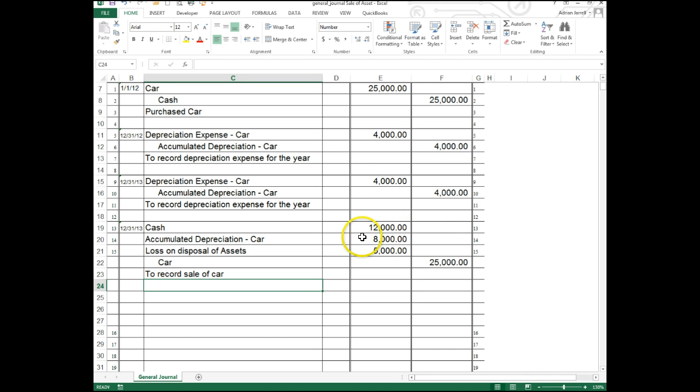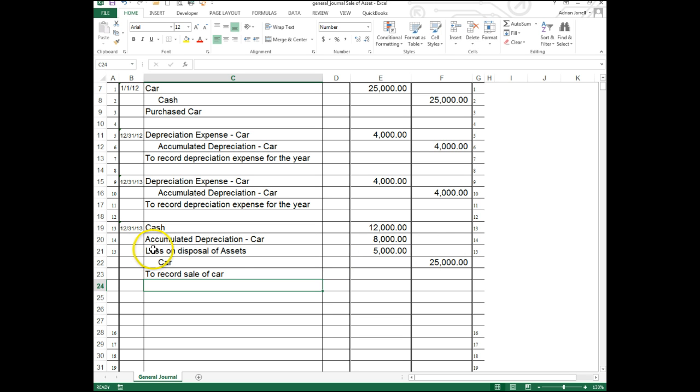We're going to debit accumulated depreciation for the total in the account, in this case 2 years at $4,000. We're going to credit the vehicle, the asset account, for $25,000. And the difference is going to go here, either a loss on disposal of assets as a debit, or a credit as a gain on disposal of assets.